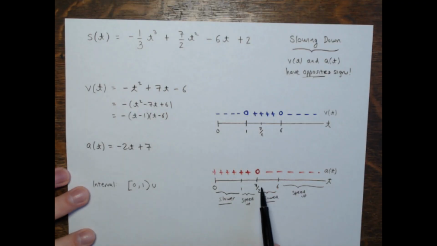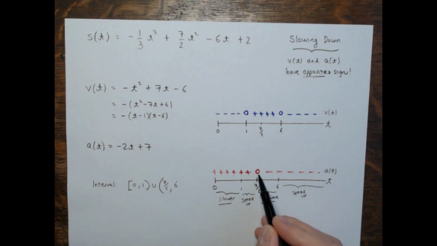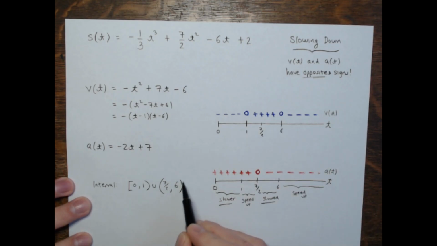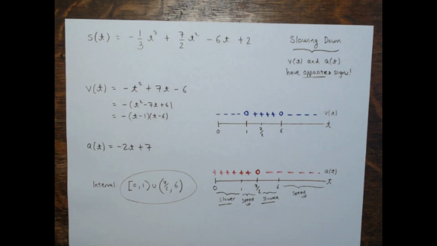And then there was this other interval from 3.5 to 6, 7/2 to 6, where at 7/2 I'm going to put parentheses because acceleration is 0 there. It's not positive or negative. And same with 6, the velocity is not positive or negative. So parentheses on those. But here are the intervals I'm going to enter. Those are where the velocity and acceleration have opposite signs. So you're going against the wind. You're being slowed down.